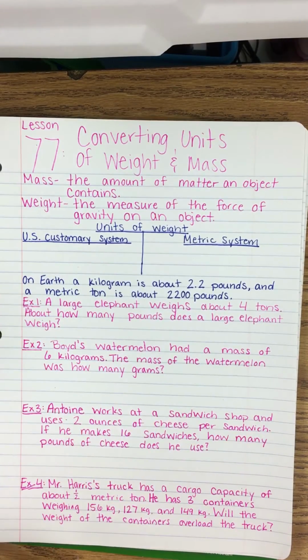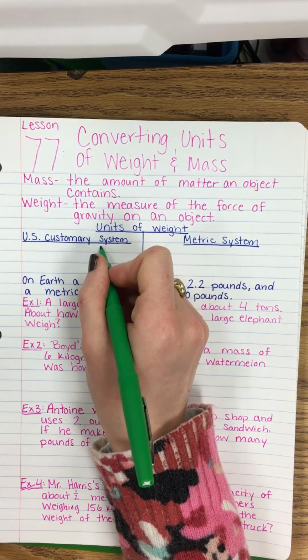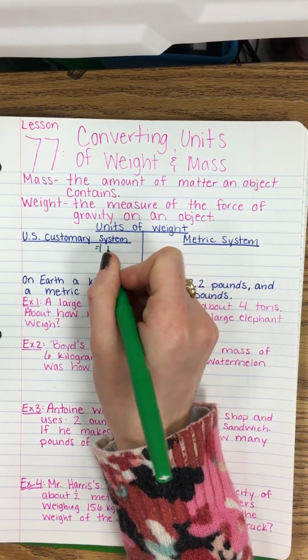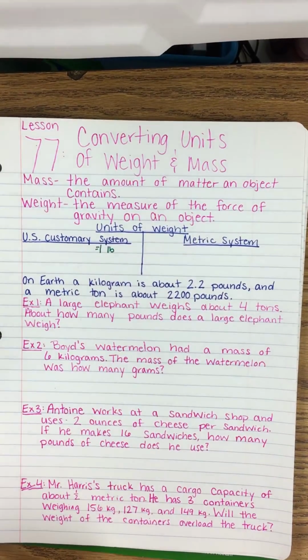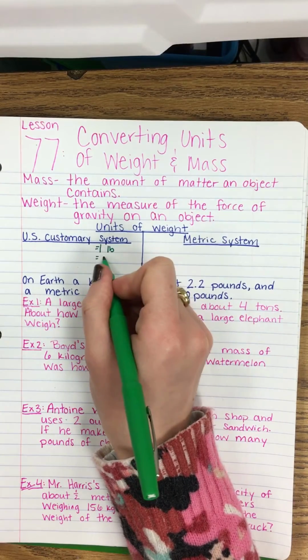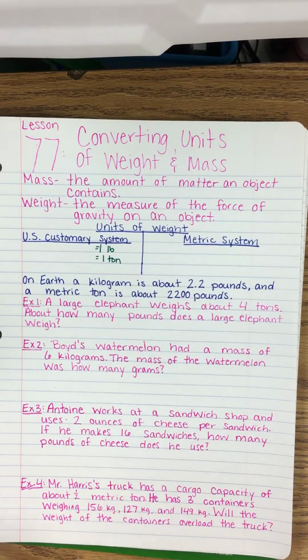We've got the U.S. customary system, and we use pounds, and the abbreviation for pound is LB. We also use ton, and you can just write TON.